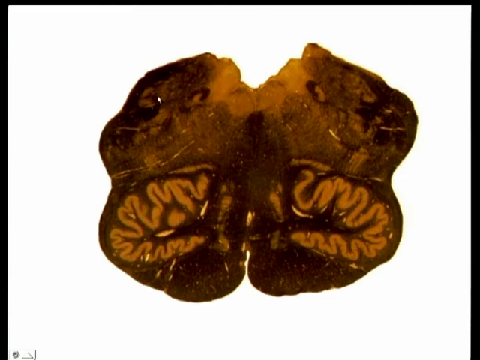Now I'd like to talk a little bit about the accessory cuneate nucleus right here. It's lying just ventral to this big bundle here called the inferior cerebellar peduncle. The accessory cuneate nucleus is comparable to Clark's nucleus. That is, it receives unconscious proprioception, that is 1A, 1B, type 2 fibers from C7 and above.